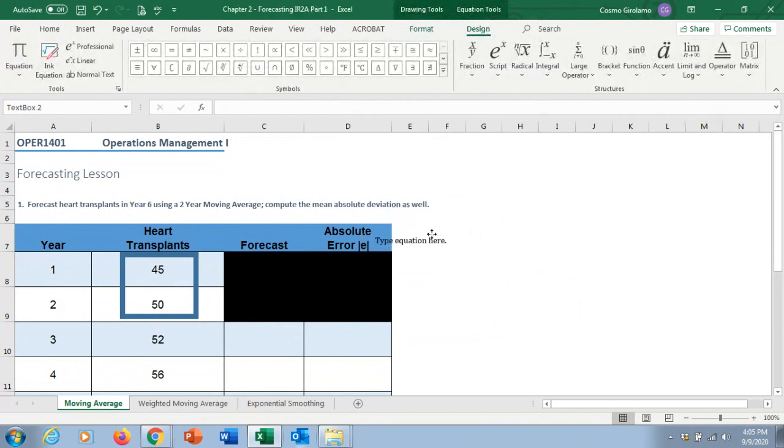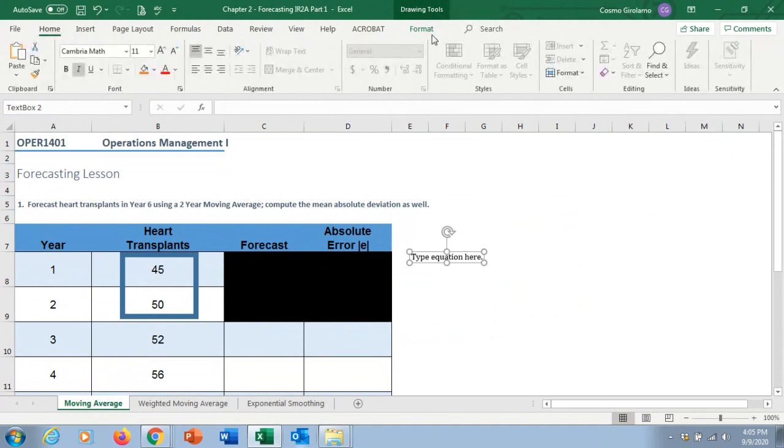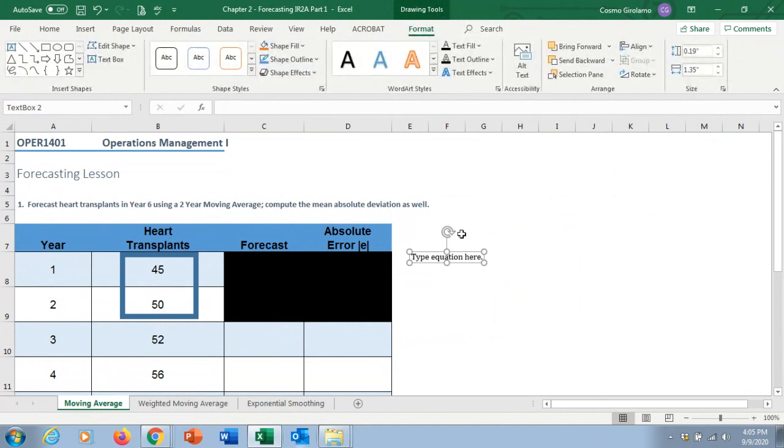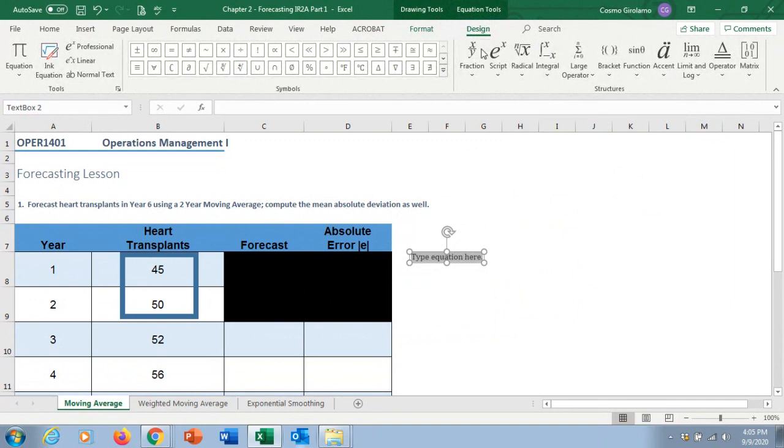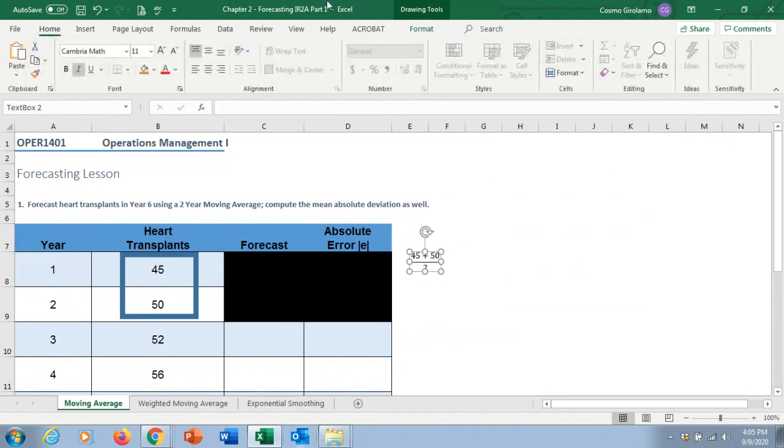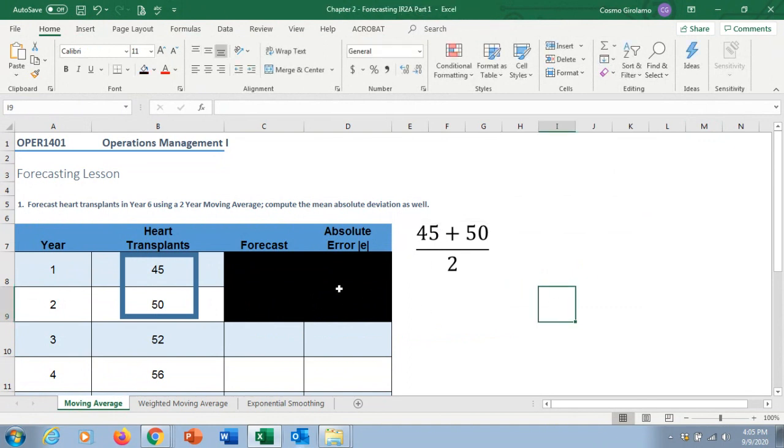There we go. Okay, there it is. So I'm going to take 45 plus 50 and divide by 2. Let's make this bigger so that everybody can see it. So this is exactly what's going on here.